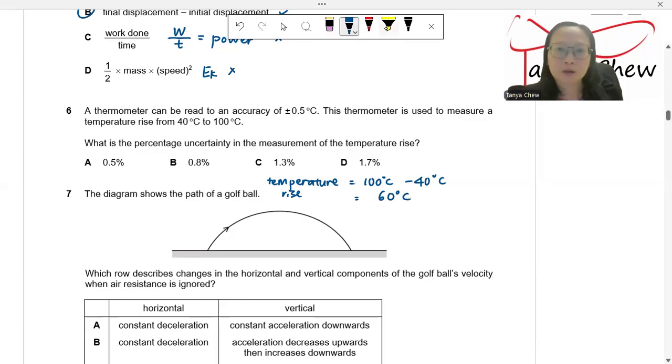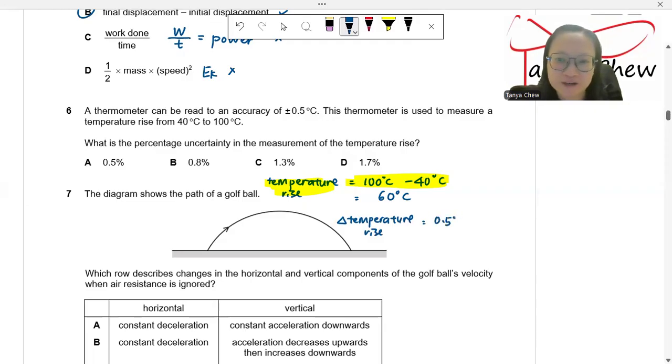Now, to find the absolute uncertainty, because this thermometer comes with absolute uncertainty, since the mathematical operation involved here is only subtraction, to find delta or absolute uncertainty of the temperature rise, you just add their absolute uncertainties.